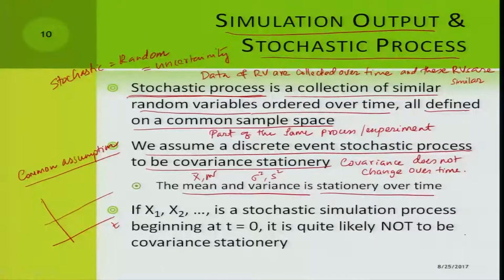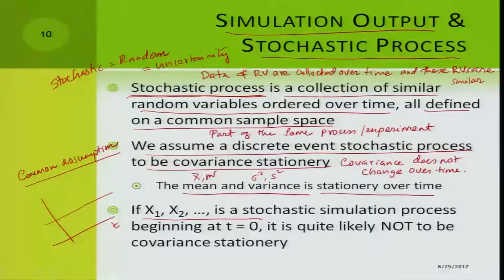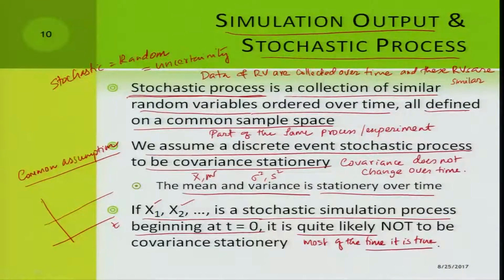But when you do a discrete stochastic simulation analysis, if x1, x2, x3 is a stochastic simulation process, these are the values of a random variable coming from a simulation process, and the simulation begins at time t equal to 0. It is quite likely, most of the time, that it will not be covariance stationary.